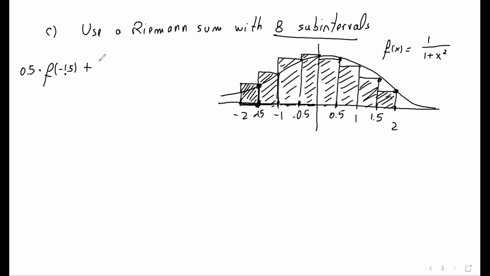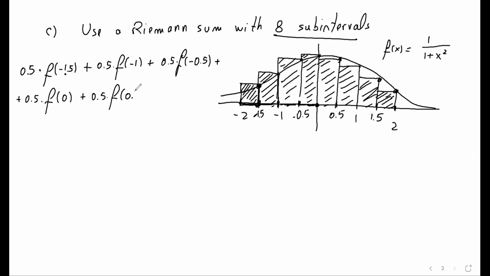Then the next thing is 0.5 times f of the right hand point here at -1, plus 0.5 times f of -0.5, plus 0.5 times f of the next right hand point, which is 0, f of 0, plus 0.5 times f of 0.5.